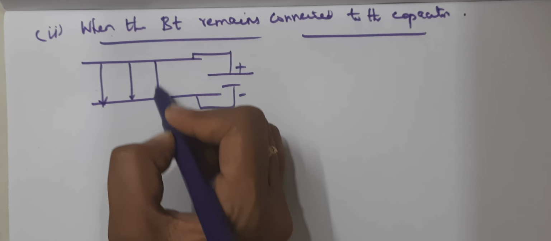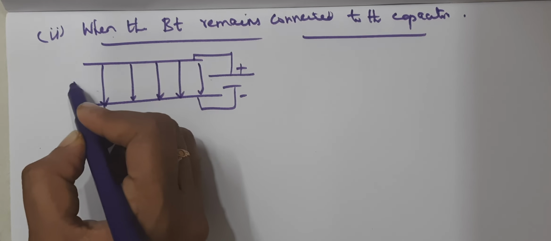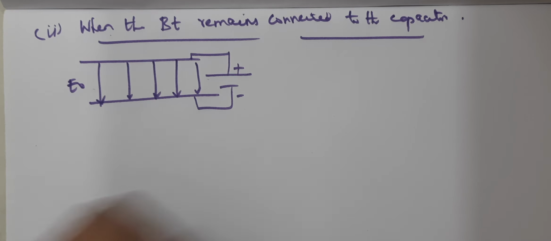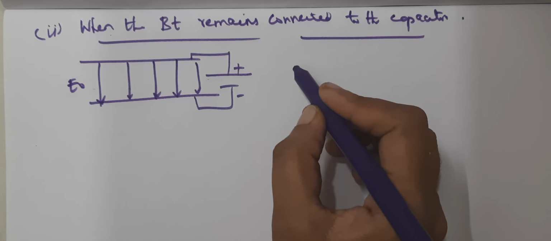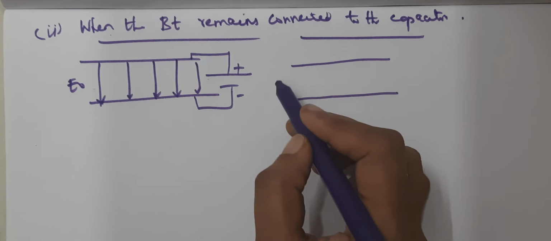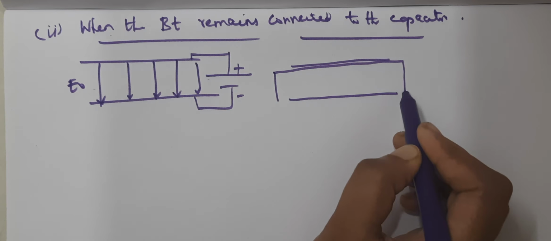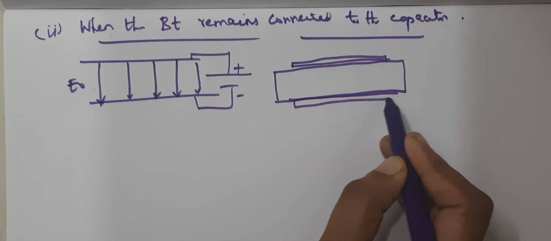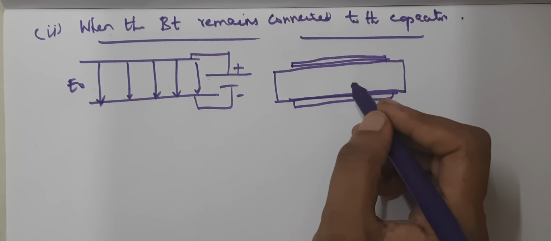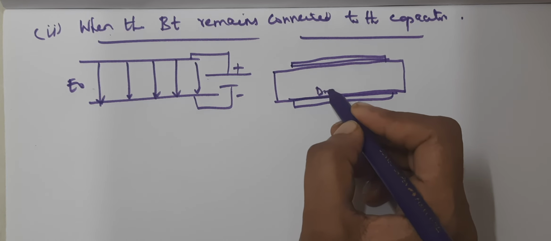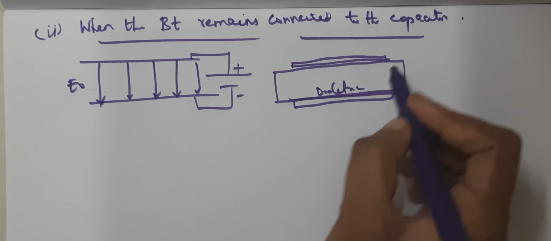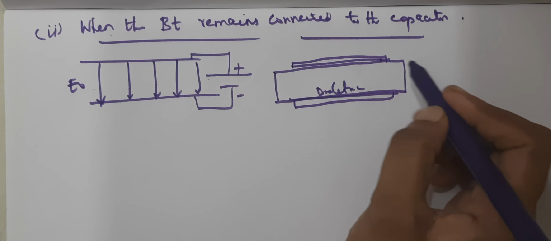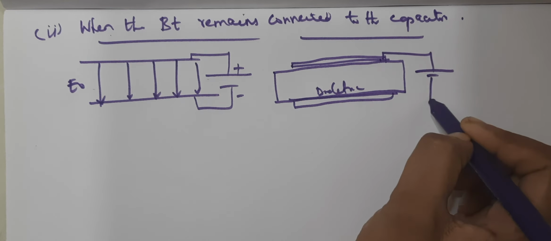So this is the electric field without dielectric, E0. Now the dielectric is inserted between the two parallel plates. This is the first plate, this is the second plate. So now the dielectric is inserted. Here the battery remains connected.